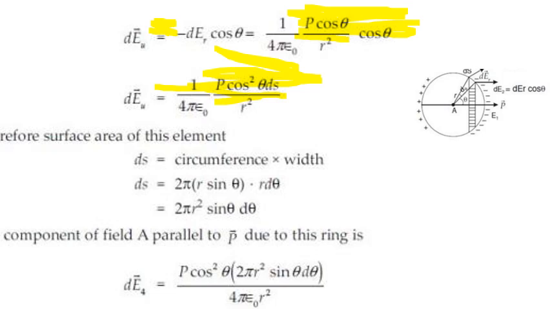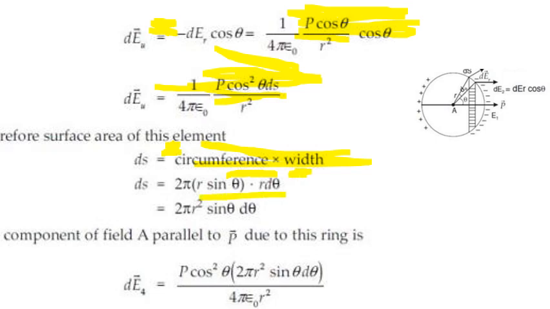Now this is ds, the surface area of the element, and ds can be written as circumference into width. We know that r is the radius, the circumference will be 2 pi r sin theta. r sin theta is the radius of this ring that we have taken initially, and the width of this is r d theta.